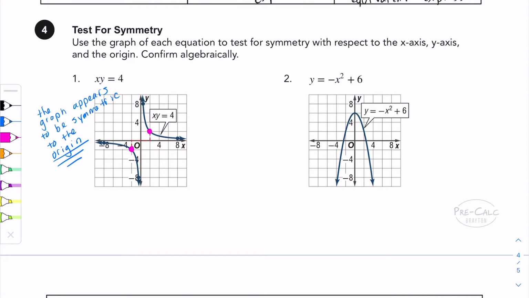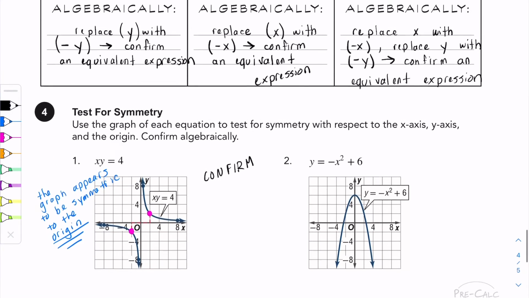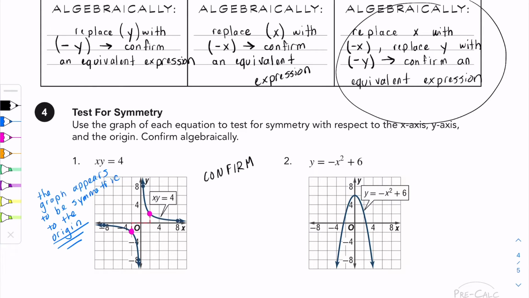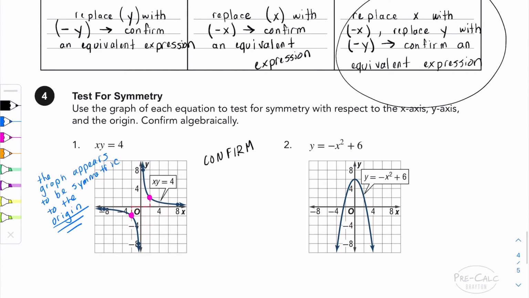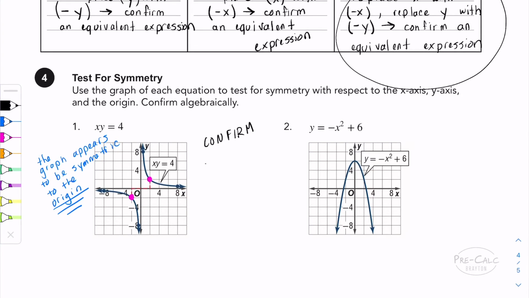All right, so now that we understand that the graph is symmetric across the origin, or at least that's what we think it is, we need to confirm this. To confirm it, we are going to replace x with the negative x, replace y with the negative y, and make sure that our function comes out to be equivalent. Our function is currently x times y equals 4.